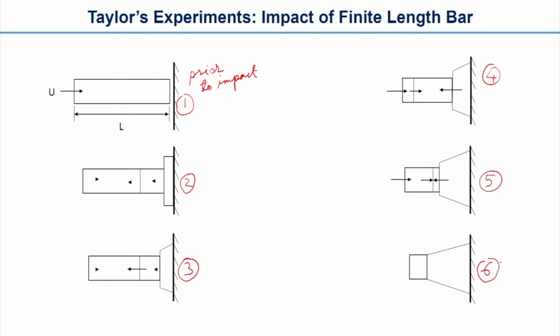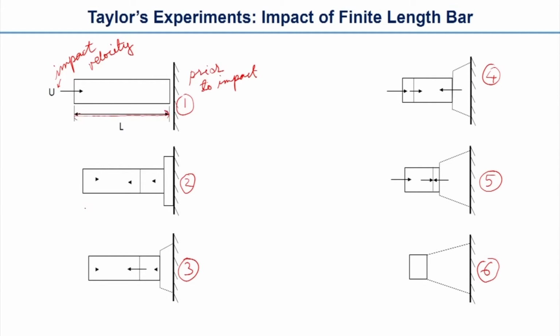So prior to impact, u is the impact velocity. You can see it is not touching now. The impact velocity is u. The length of the bar is L.